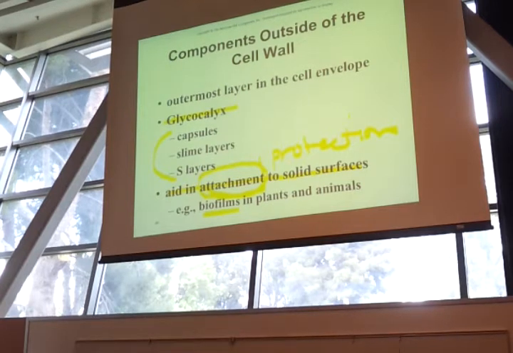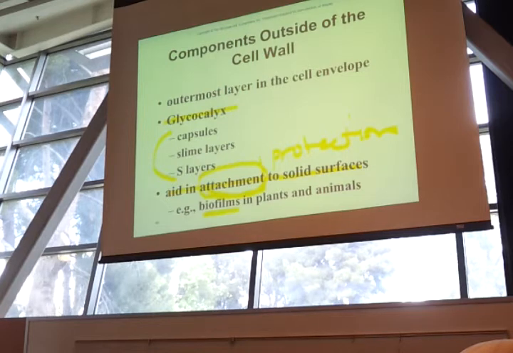Basically what happens is you have different bacteria, and then together they start to secrete other substances that protect the colony, so to speak. And they will send out organisms to break off from that colony, and they continue to grow.